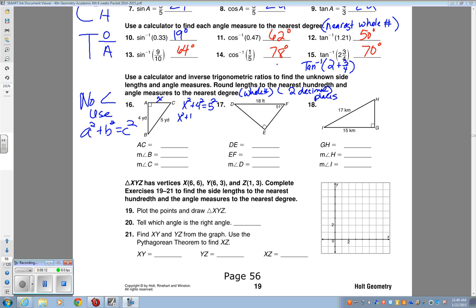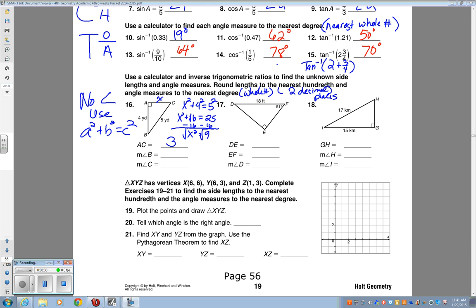What's 4 squared? 16. What's 5 squared? 25. Okay, so I need to get the x squared by itself. Subtract the 16. So I get x squared equals 9. So what is x? 3. Because you take the square root. Oh, yeah, true. So AC is 3.